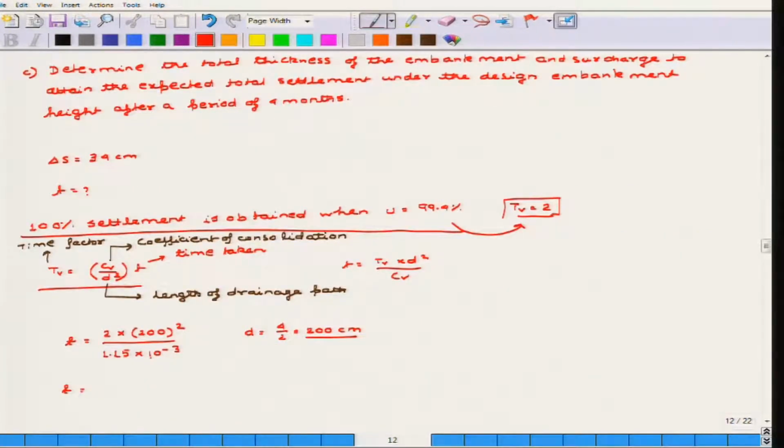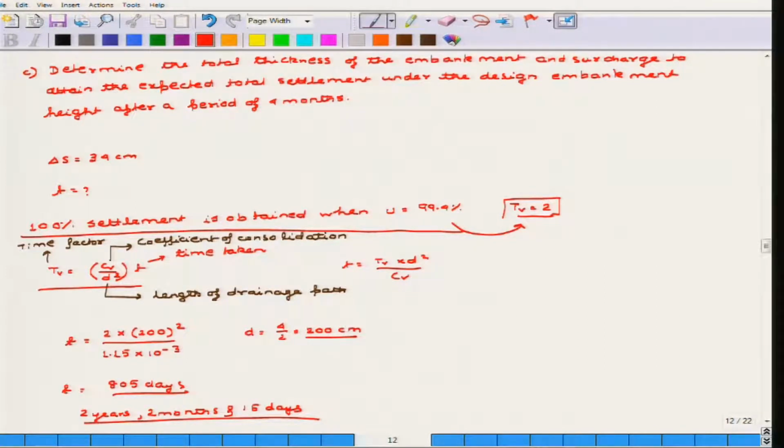That is what I have written, and this comes out to be 805 days. So, this is equivalent to 2 years, 2 months and 15 days. This is the time that is taken to reach a settlement of 34 centimeter.